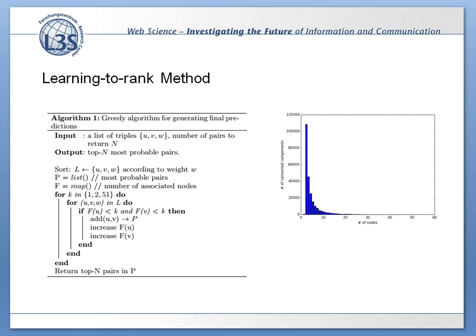For the second method, we use LambdaRank based on the 75 features previously. And the question now is how we generate the final prediction from the ranking score.